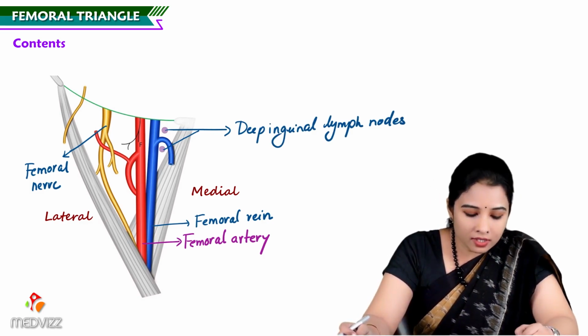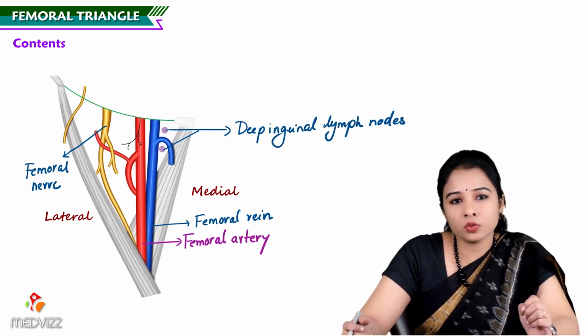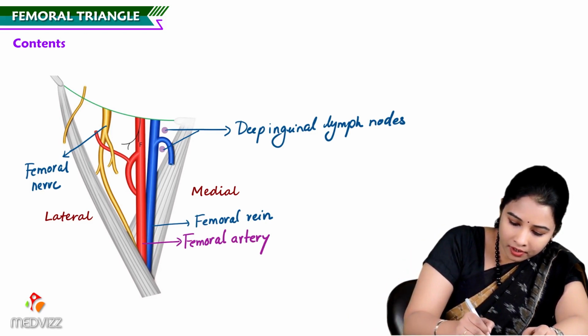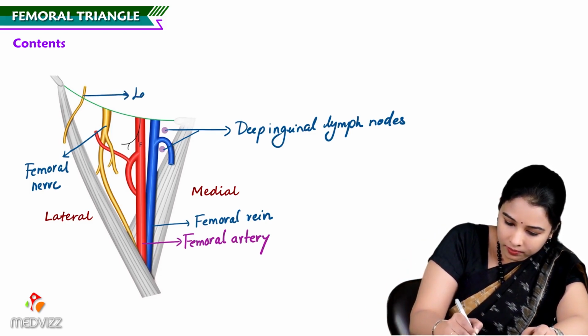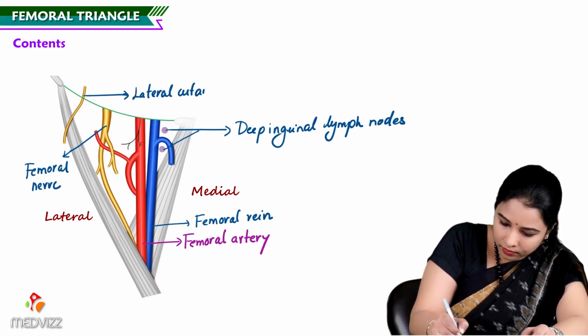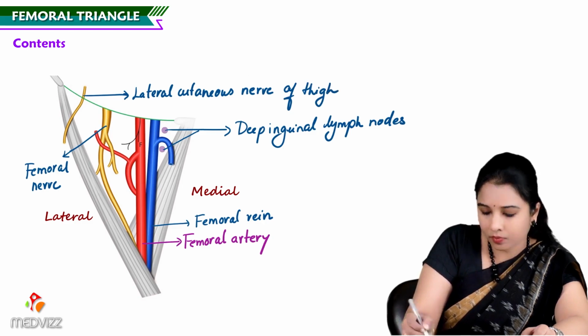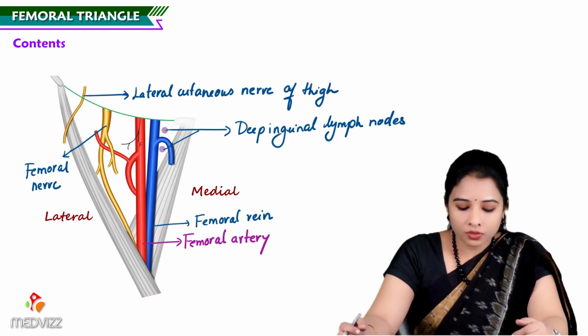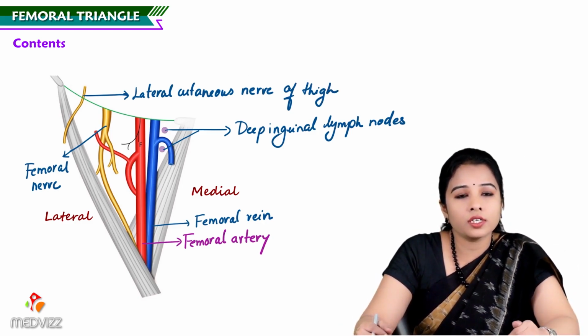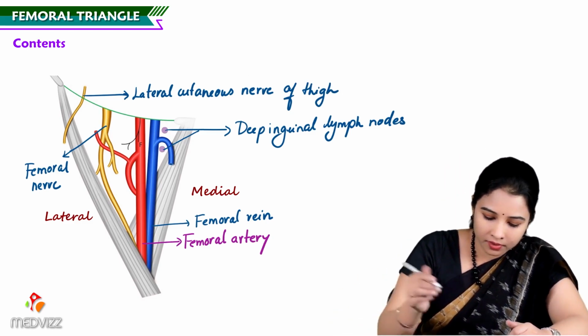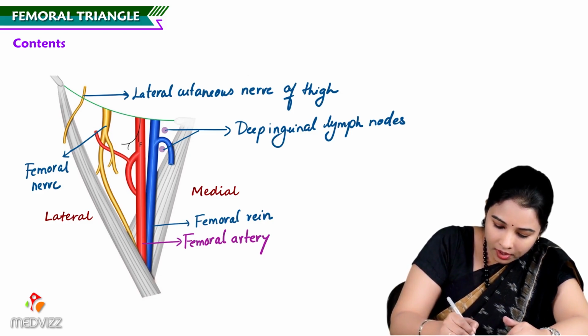And lateral cutaneous nerve of thigh, which is lateralmost, and a part of it is present in the femoral triangle. In addition to these structures, we also have the femoral branch of genitofemoral nerve, which is along with the femoral artery.